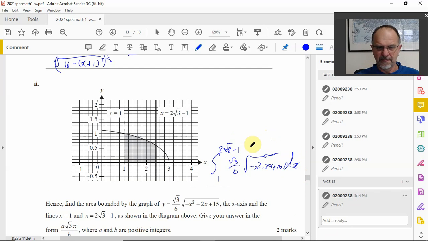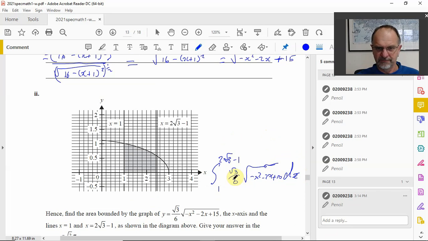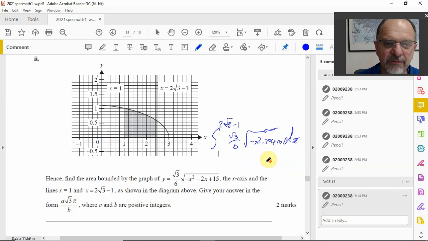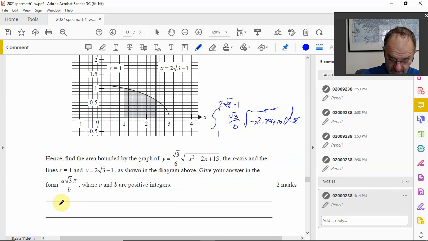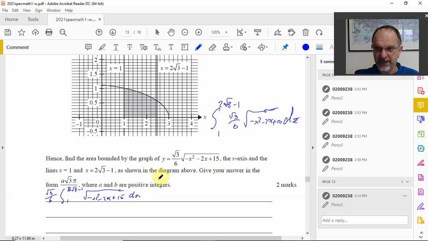All right, so first of all, I'll do the rest over here. The root 3 on 6, I can just take outside, because that's a constant. Now I've got this square root of negative x squared minus 2x plus 15 that we've got to anti-differentiate.